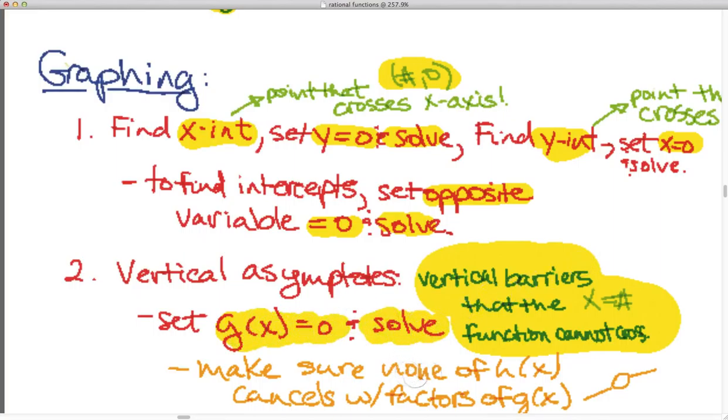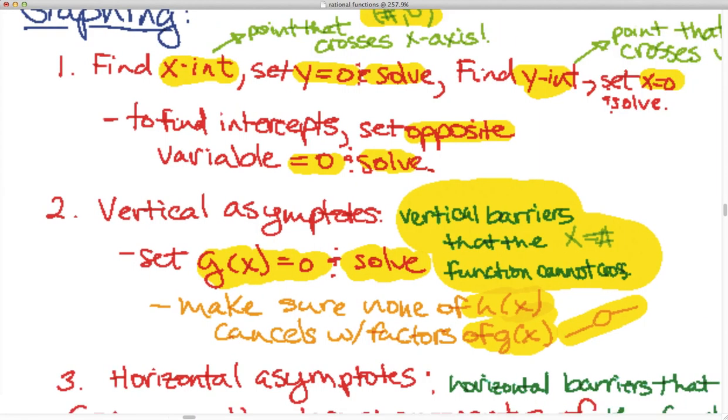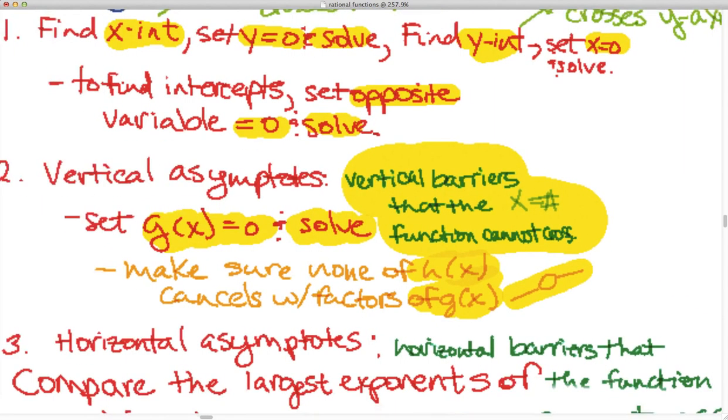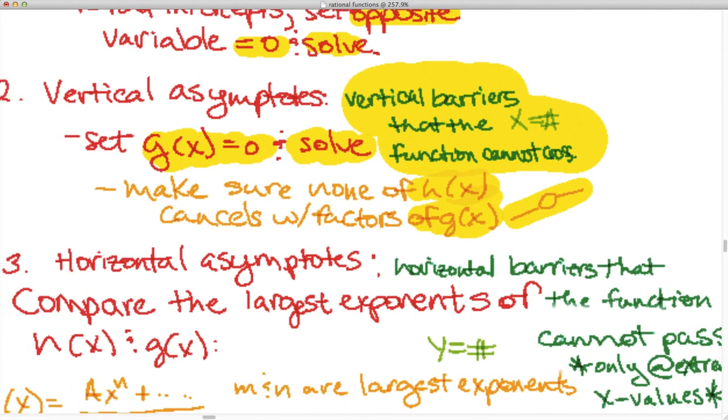Now be careful, sometimes some of the factors of h of x will cancel out with the factors of g of x. So even though it's outside the domain, it's not a vertical asymptote. It's a removable discontinuity. It has this open dot look here that I just highlighted. Okay, so just be careful, factor out the numerator and the denominator, make sure stuff doesn't cancel. If it does, then it's not an asymptote, it's a little open dot like that.